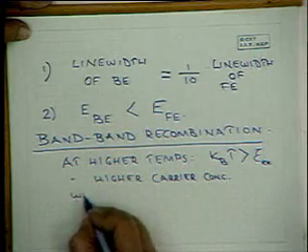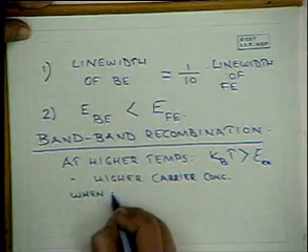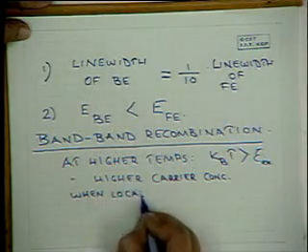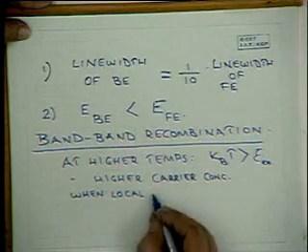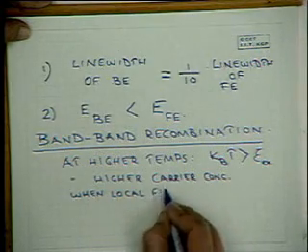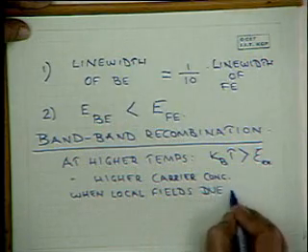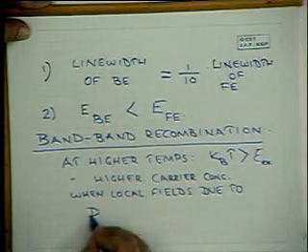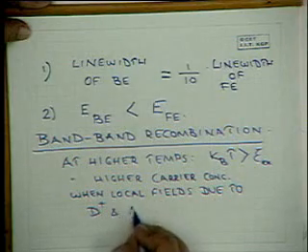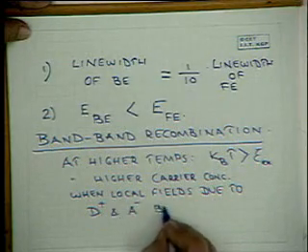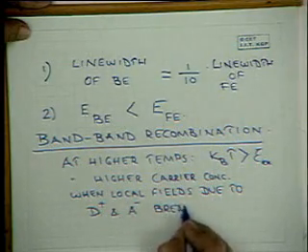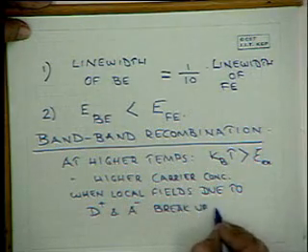Remember, higher carrier concentrations mean that there are local fields due to donors and acceptors that break up the excitons.